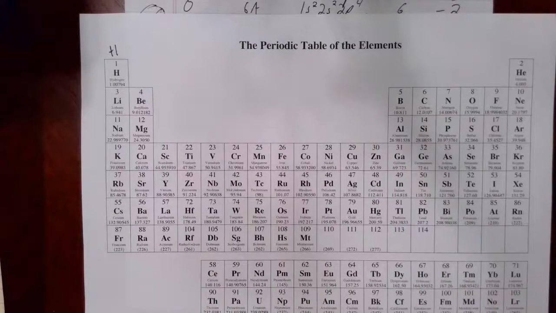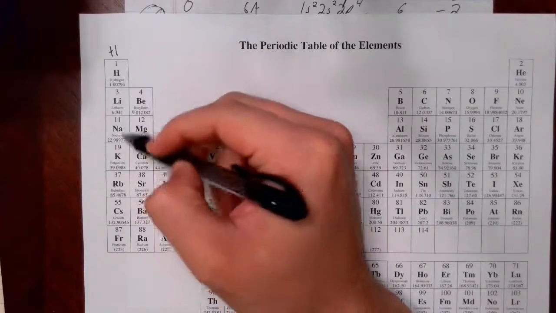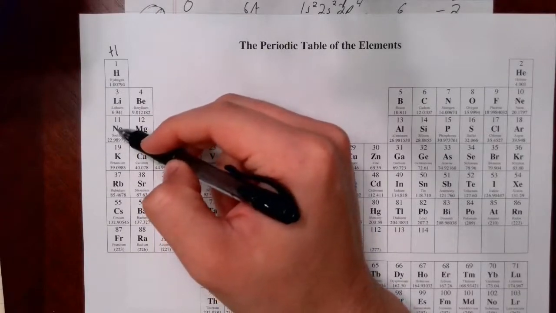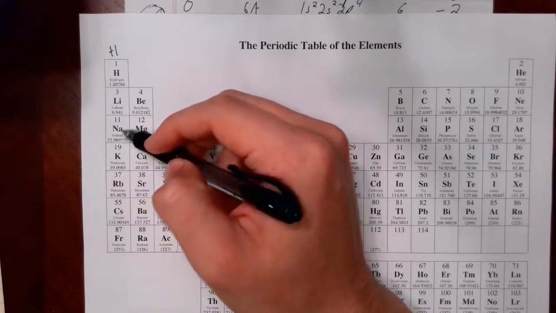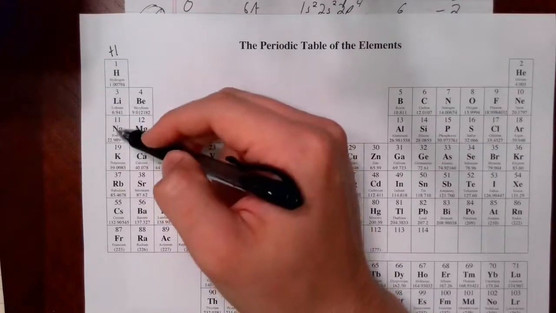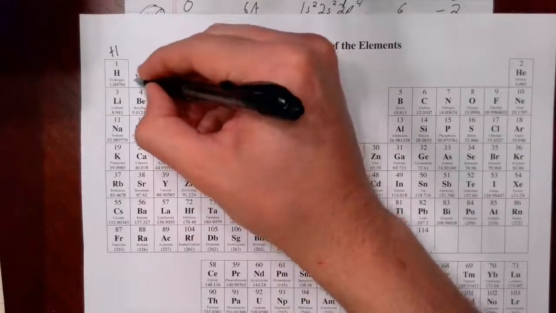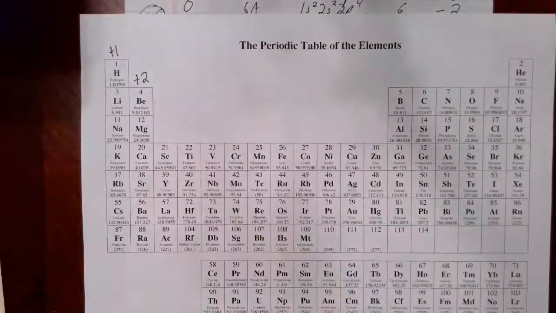This means if the 1A column forms an ion, its charge is +1. So you can have neutral lithium, you can have neutral sodium, but if that sodium has a charge, it's going to get that charge by losing 1 electron and becoming +1. So you'll never have +2 sodium. It'll always be +1. The alkaline earth metals form a +2 charge.